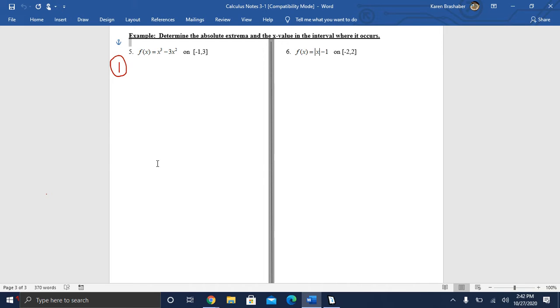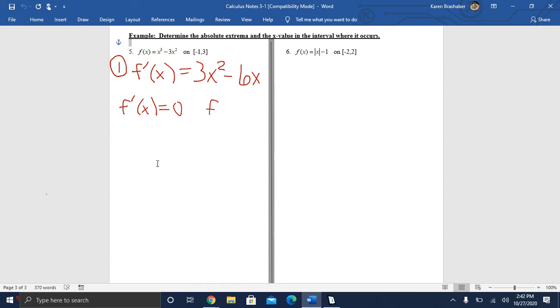You will do your derivative. So f prime of x would equal 3x squared minus 6x. And then we'll look to see where our f prime of x is equal to 0.